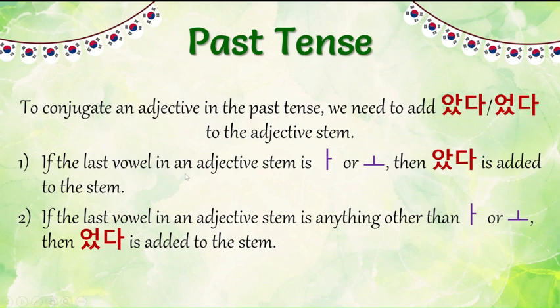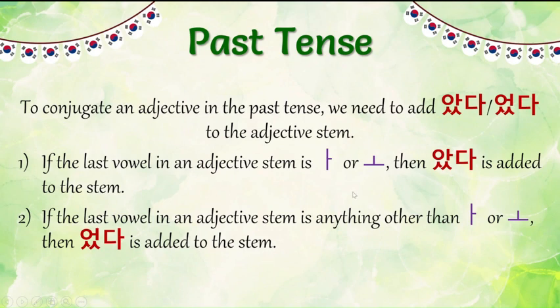If the last vowel in an adjective stem is either a or o, then 았다 is added to the stem. Okay, here you have to look at the last vowel of the stem. Okay, focus on that. And if the last vowel in an adjective stem is anything other than a or o, then 었다 is added to the stem.